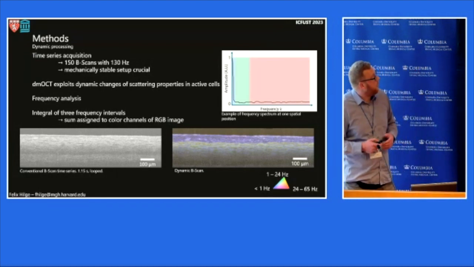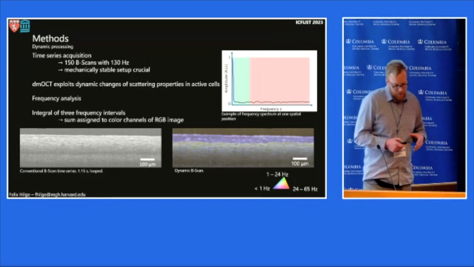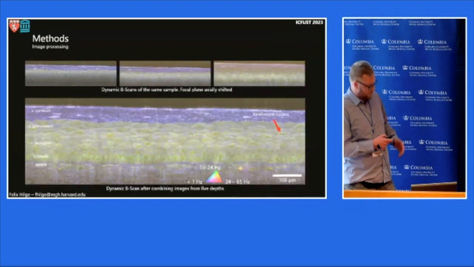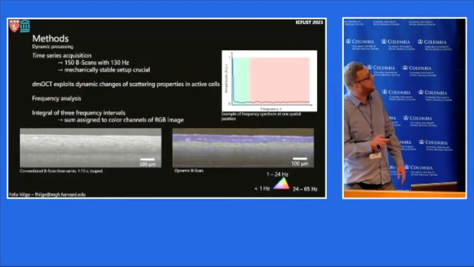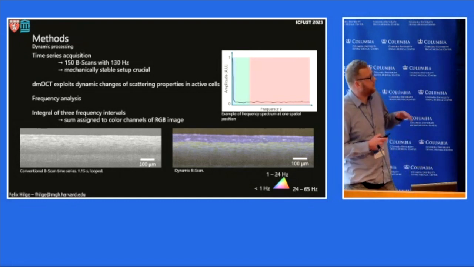And then we perform a pixel-wise frequency analysis and calculate the integral of 3 different frequency bands and assign those to the color channels of an RGB image, meaning the blue area means there is not much going on, green are low to medium frequencies, and red high frequencies. And now, we can see already a great contrast between the viable cells and the stratum corneum.